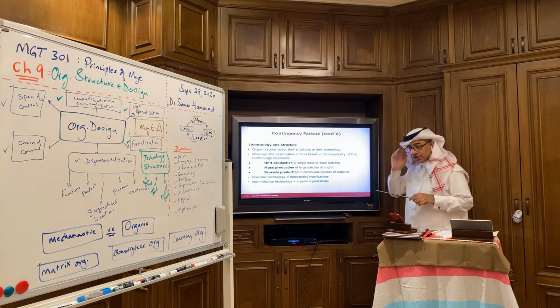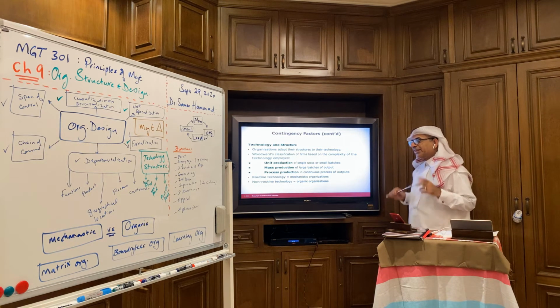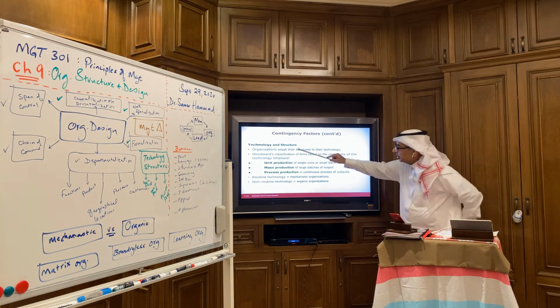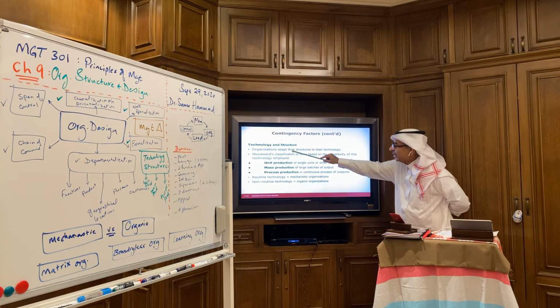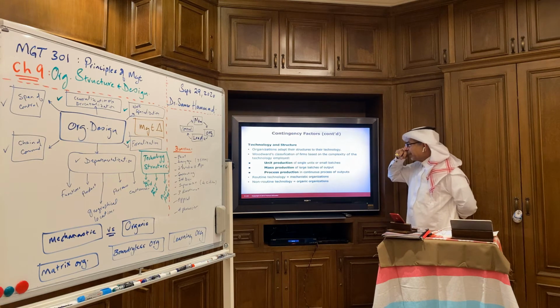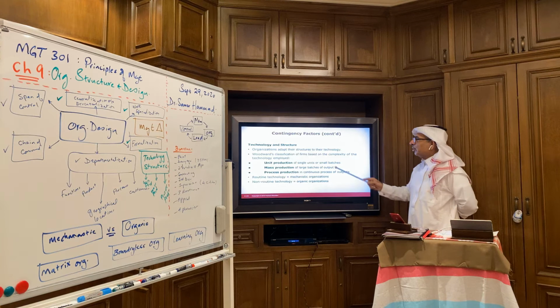Also, technology sometimes dictates that you change your structure. Technology and structure: organizations adapt their structure to their technology. Woodward's classification of firms is based on the complexity of the technology employed.